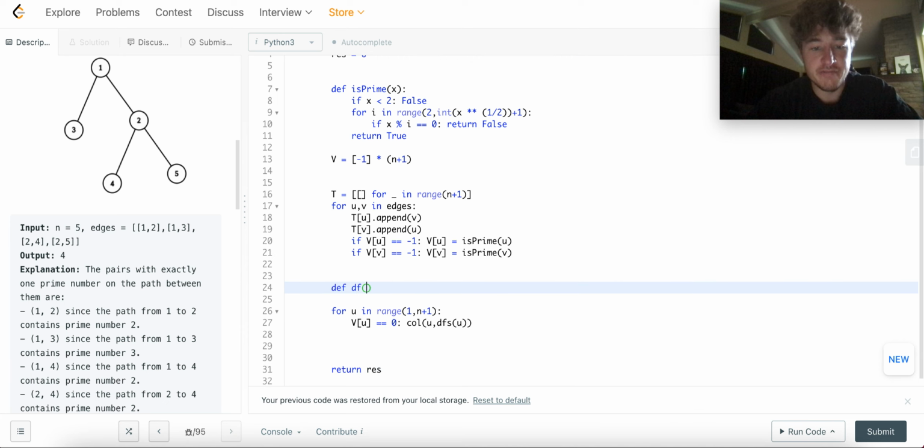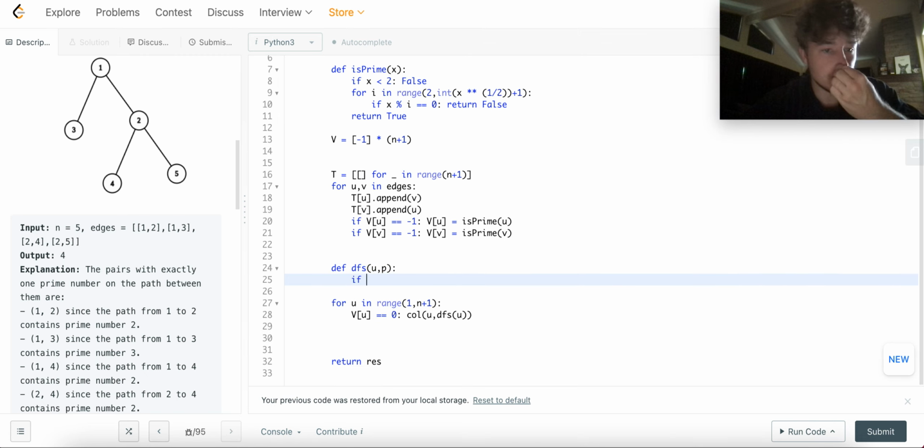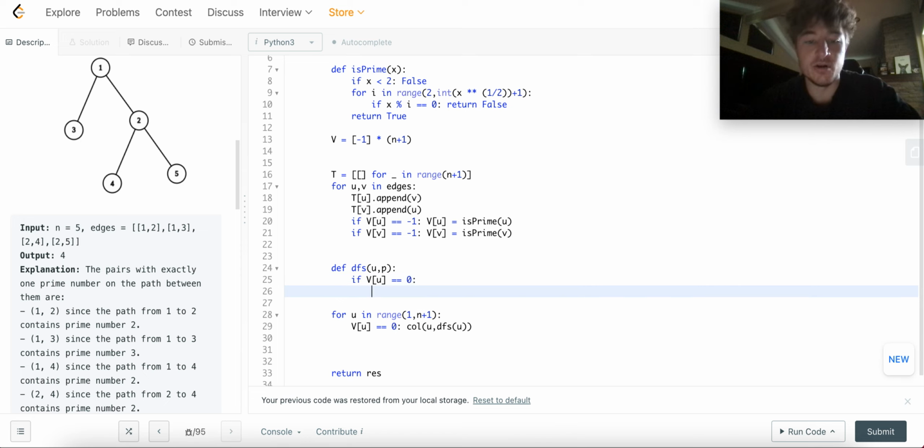So we're going to have DFS. This is going to find the length of a system. All right. So it only counts if the value of this thing equals 0, right? Because otherwise it's either already been counted or it's a prime value. So if it's equal to 0, then it hasn't been colored and it's not a prime. We're going to return 1 plus what?